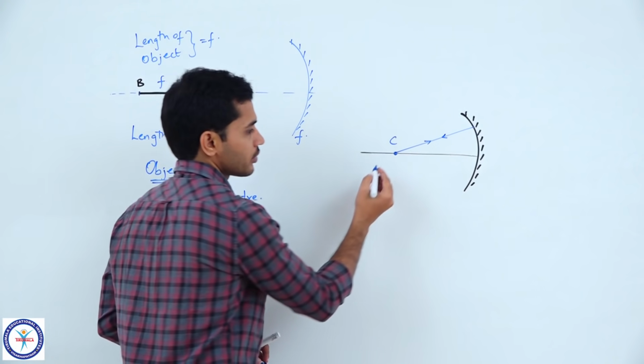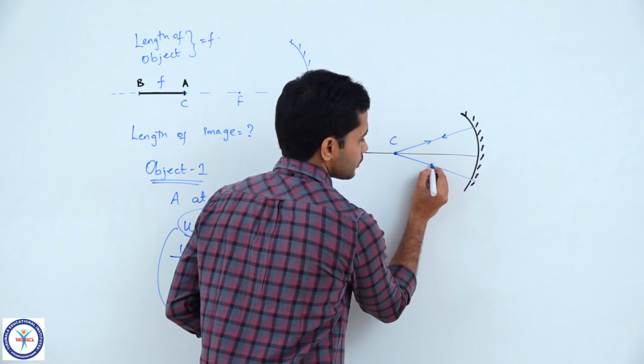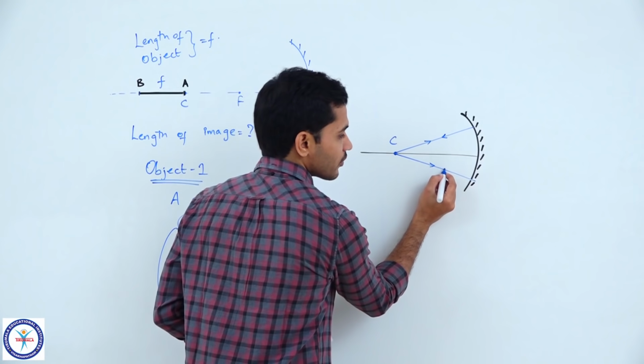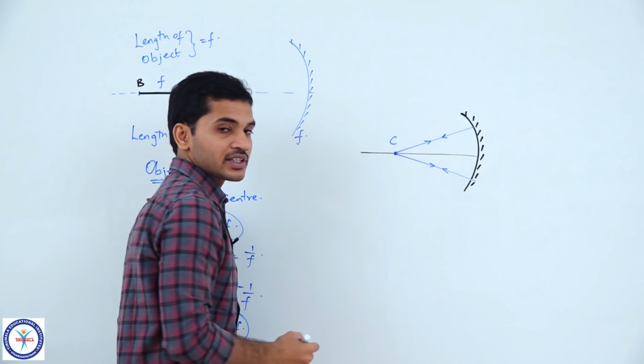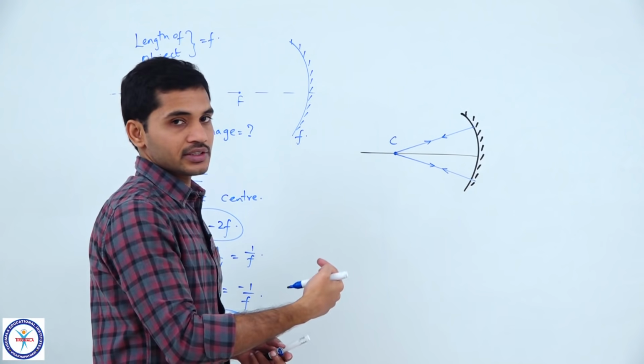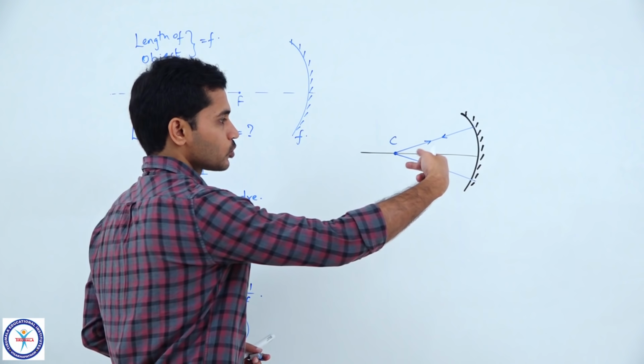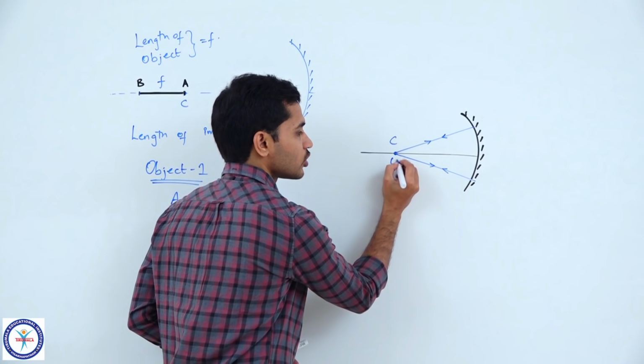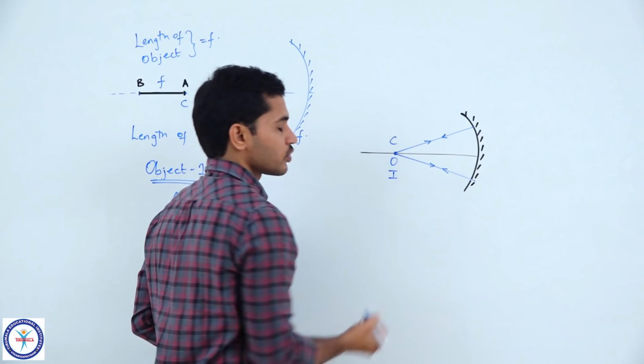Take another light ray. Same thing repeats once again. It is also coming from the center, it gets reflected back. Now, look at the reflected rays, which are the same two lines. Those two reflected rays once again meet at this particular position. So, this is the location of the object, that is also the location of the image.